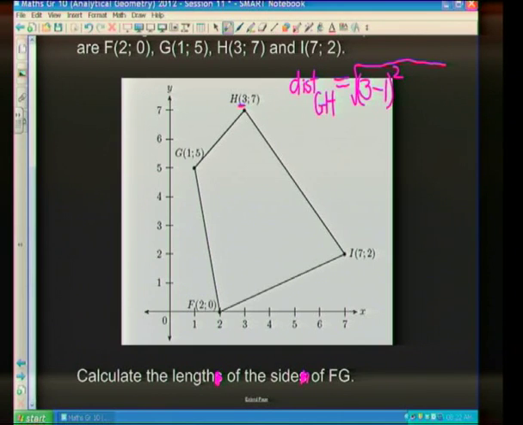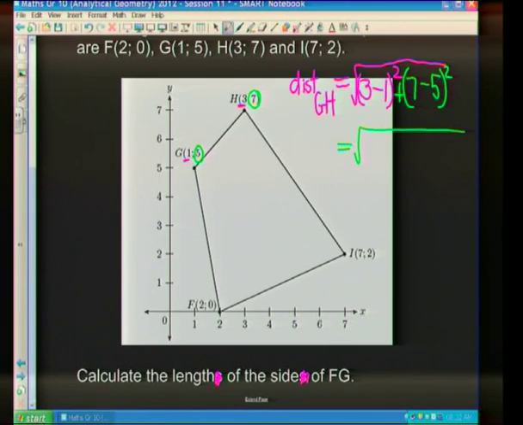So it's the one x value minus the other x value, and we square it all. Then I'm going to take the y value at H, which is 7. I'm going to subtract the y value at G, which is 5. And I'm squaring all of that.